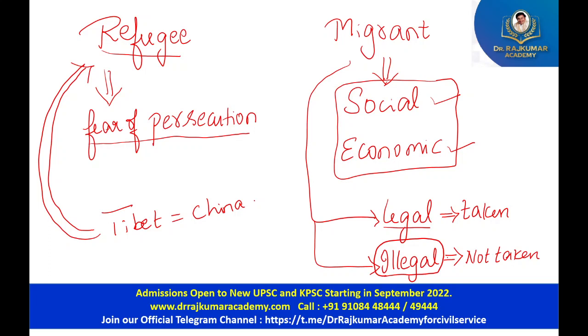But what is the meaning of illegal migrants? For example, many Bengali people from Bangladesh enter into India, right? So now from where did they come? Bangladesh. India caught them and sent them back to Bangladesh. When India sends them back to Bangladesh, Bangladesh will not kill them.